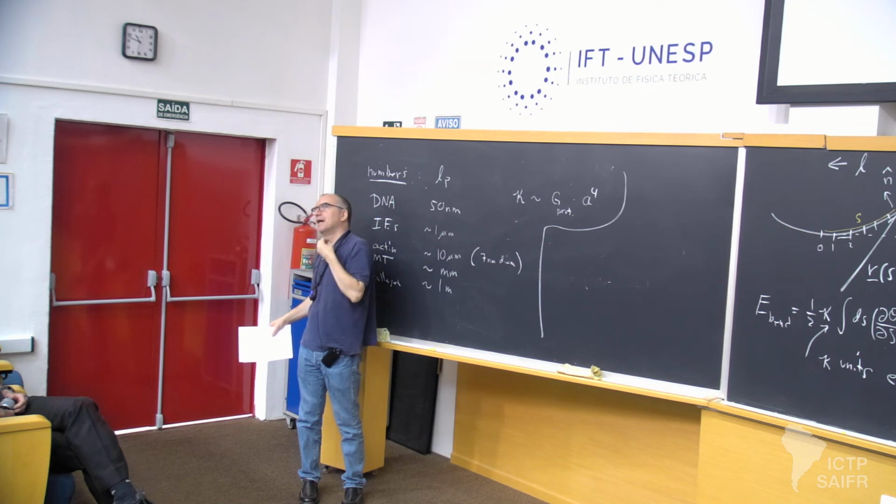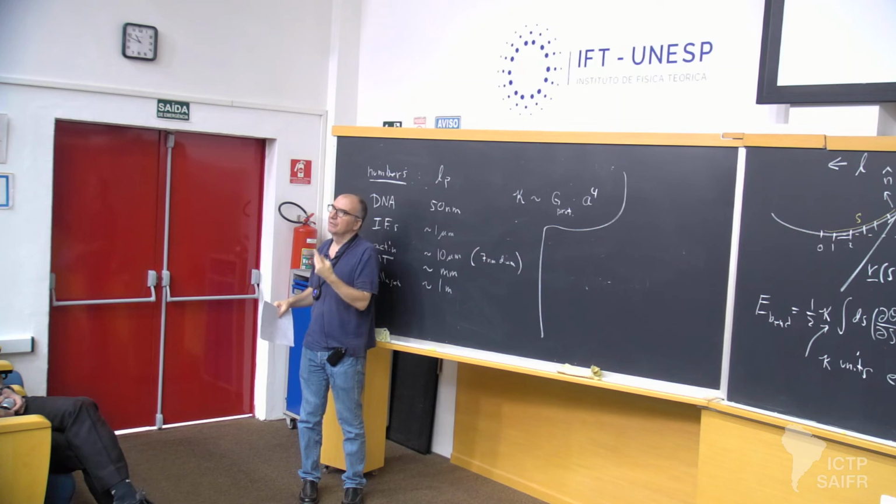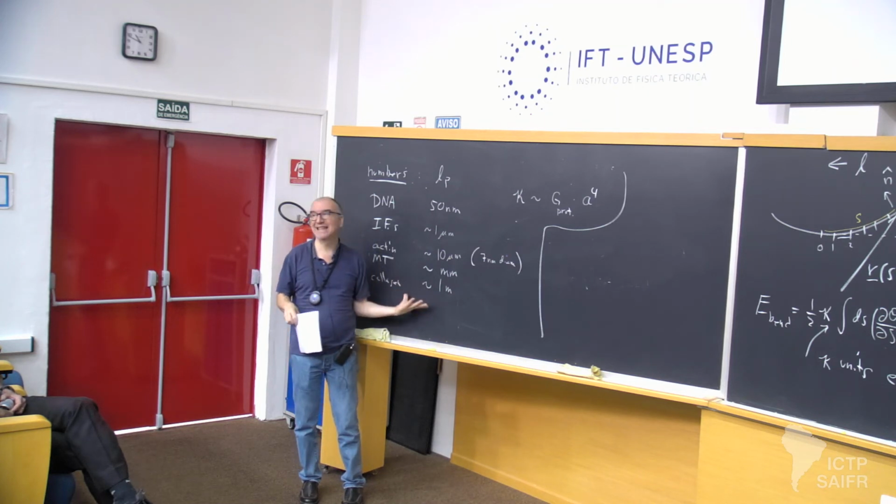It's inferring the mechanics and the mechanical rigidity of an object based on the shapes you see. And that becomes irrelevant in a couple of different limits I mentioned. Maybe you're not looking at the filament long enough to explore its conformations, or maybe its conformations are controlled by something else, like other forces. So it becomes a very idealized concept at this scale.